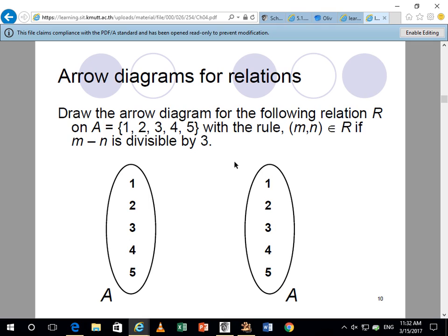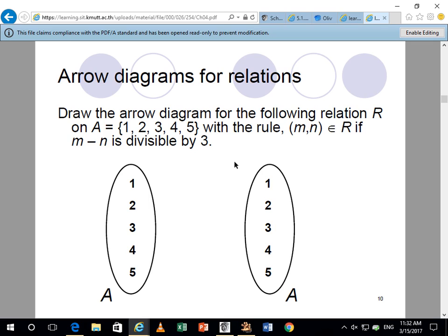Someone said 4. So the first element is here. If this is 1 and someone said 4, then 1 minus 4 is minus 3. Minus 3, is it divisible by 3? Yes. So 1 will map to 4.